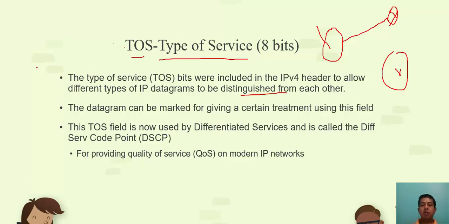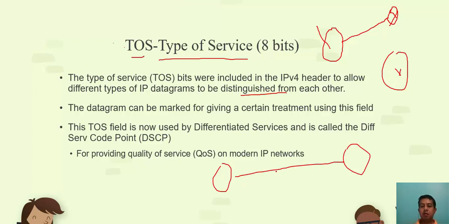Now these days this field is used for differentiated service. Mostly it is used for providing quality of service. Quality of service is basically defined as having the minimum requirement to provide a better quality. That means say two persons are talking using the internet, so a dedicated bandwidth is required for transmission of the audio and video.